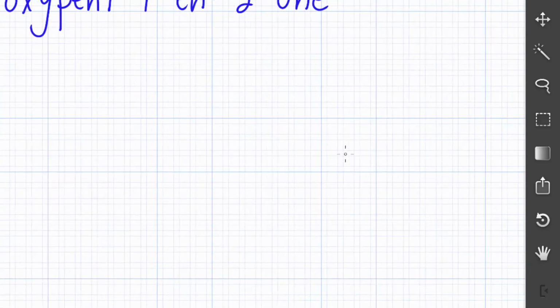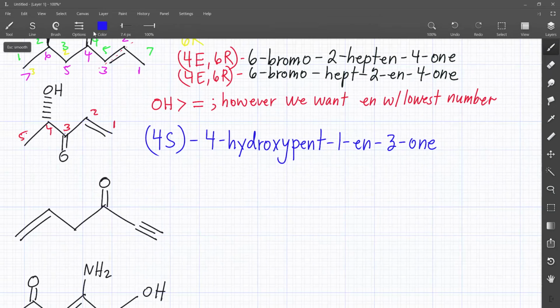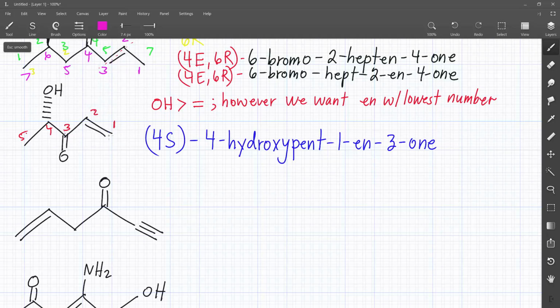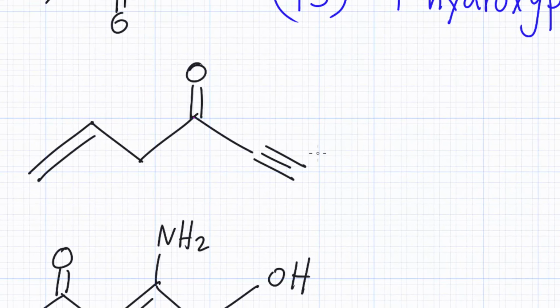All right, if we look at this next one, with the triple bond and double bond, we want the triple bond to have the shortest distance to the C double bond O. 1, 2, 3, 4, 5, 6.